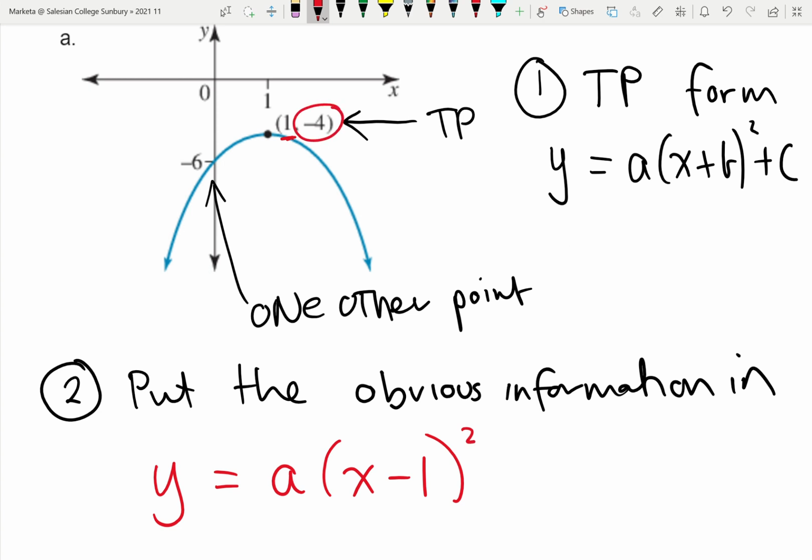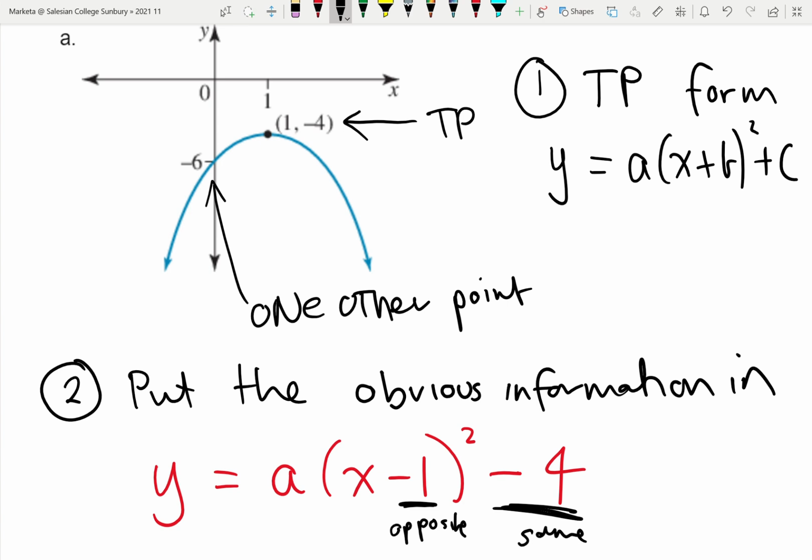And then we put the same for the y value, so −4. So if we were drawing this, if they gave us the rule, we would know that the turning point comes from the opposite of this value, so it would be positive 1, and the same as this one. So that's where our turning point of (1, −4) comes from.